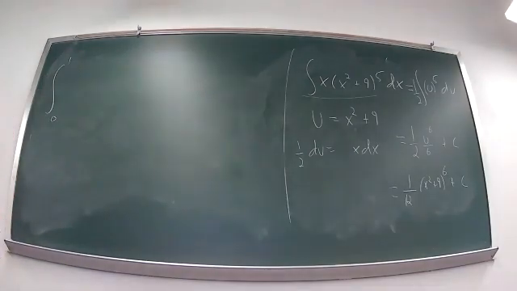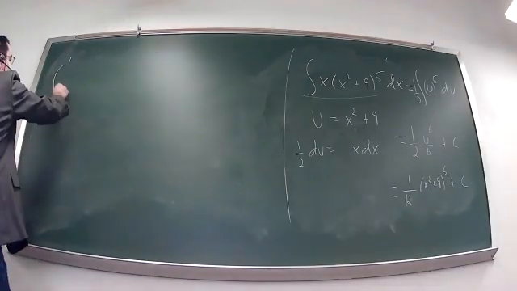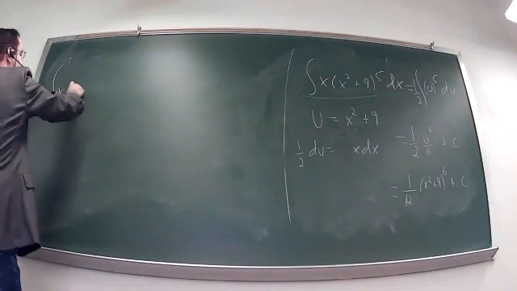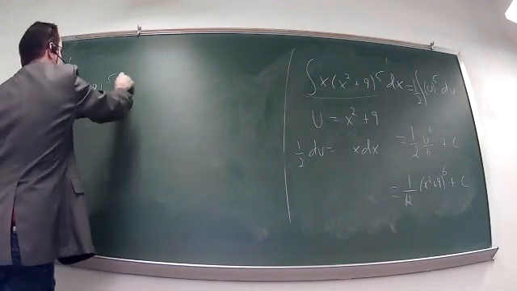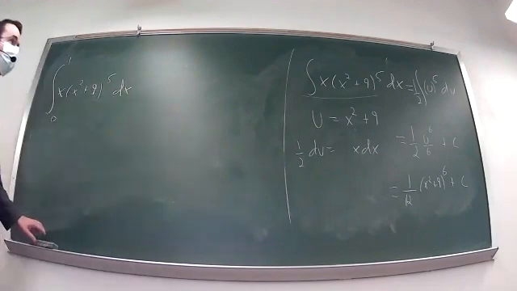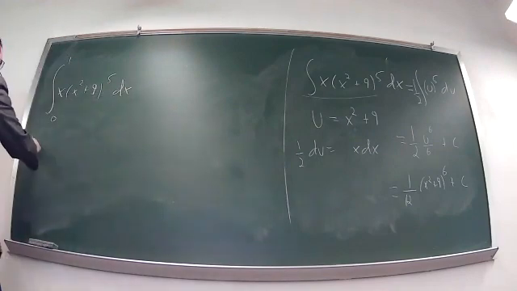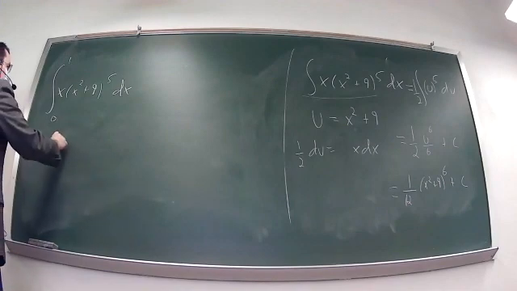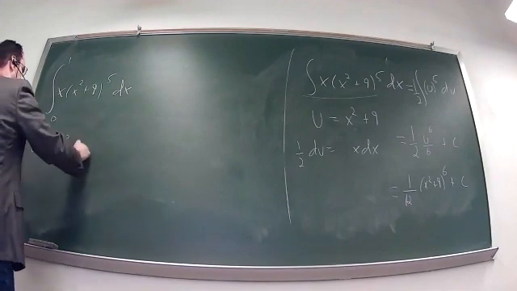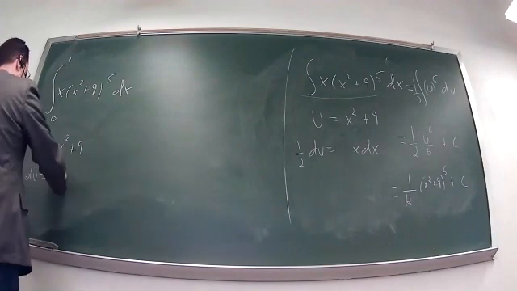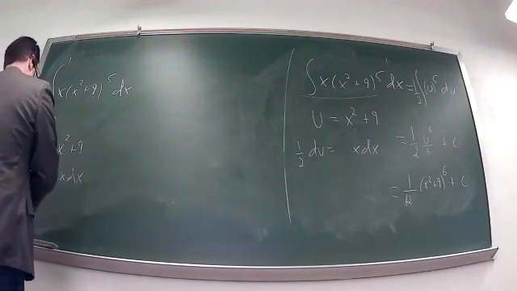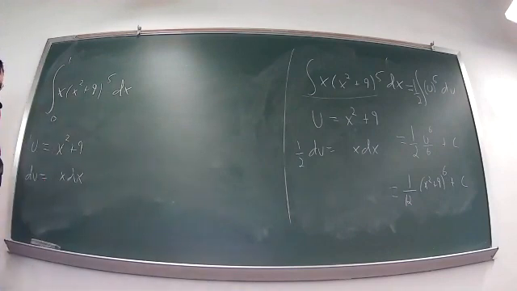What if I were doing the integral from 0 to 1 of x times (x squared plus 9) to the 5th dx? So I still want to choose u equals x squared plus 9, and I still want to notice that du is 2x dx, and therefore 1/2 du is x dx.